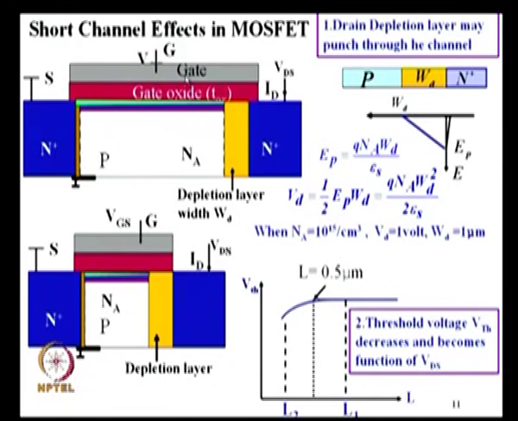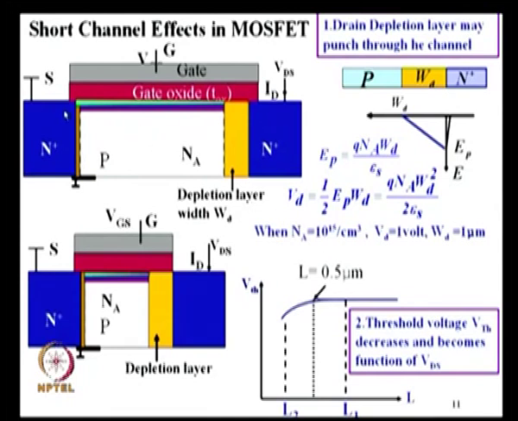Therefore, I will not get into that discussion. Due to that charge being taken care of by the drain, you will be able to invert the channel with lower gate voltage. That is, the threshold voltage will be lower. That is one of the short channel effects, which I am not getting into for detailed discussion.